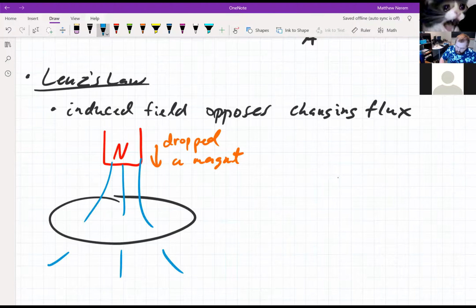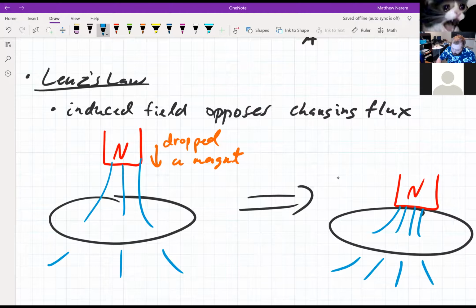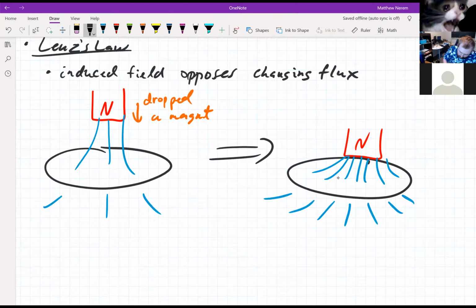And then go to just a small second later. Well, that magnet is significantly closer. So the field density goes up. So, conclusion.